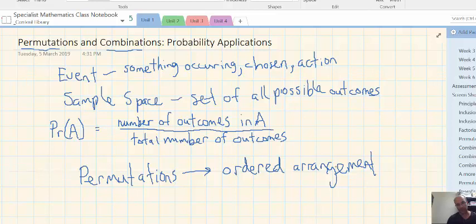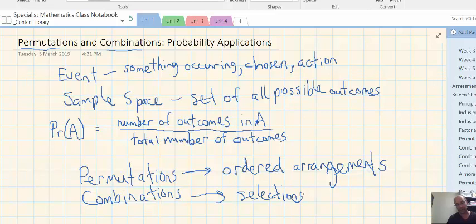So when we're talking about order and arrangements, that's permutations, and combinations is about ways of selecting. So there's selections, and don't worry about the order with combinations. Okay, so again, that's all stuff we've learned before.